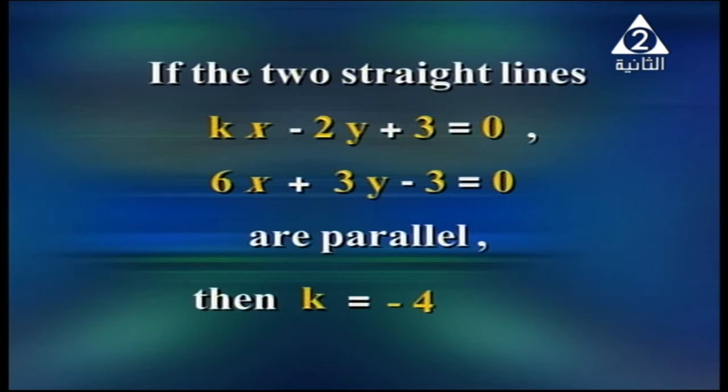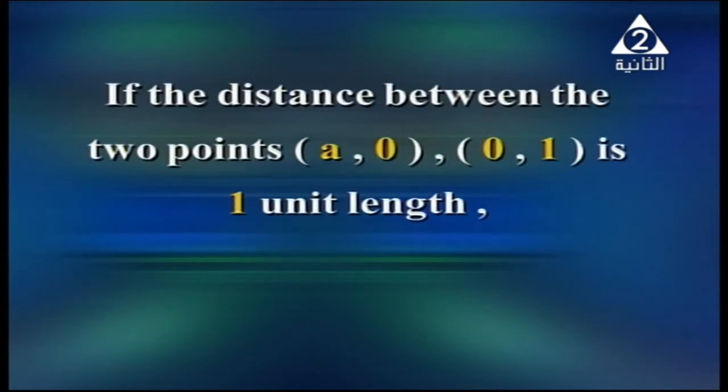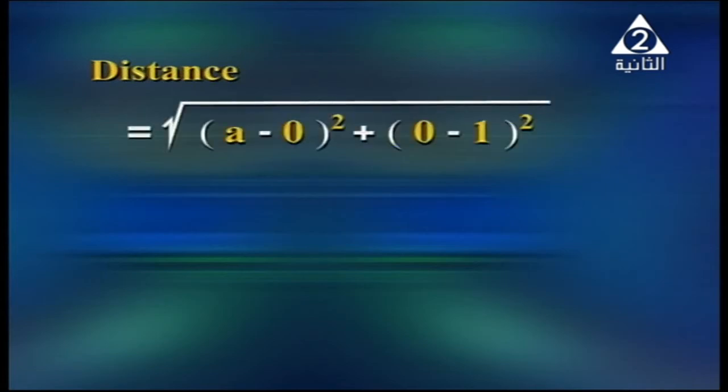Another example, if the distance between the 2 points A, 0 and 0, 1 is 1 unit length, then A equals what? First, try to find the distance between these 2 points. So the distance will be square root of (A minus 0) all to the power of 2 plus (0 minus 1) all to the power of 2.